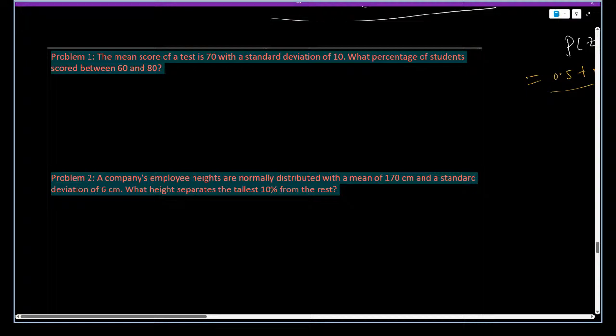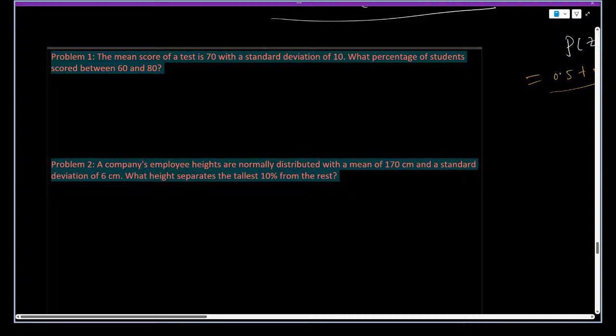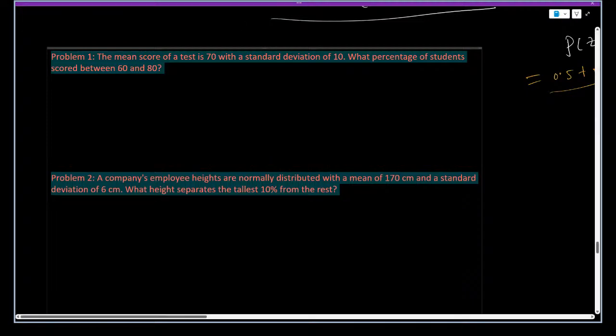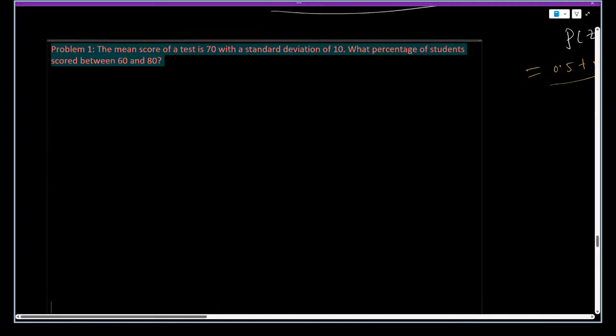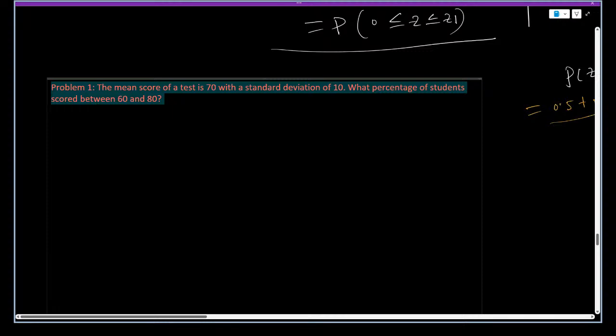Let us go for this. Number 1. The mean score of a test is 70 with a standard deviation of 10. What percentage of students scored between 60 and 80?